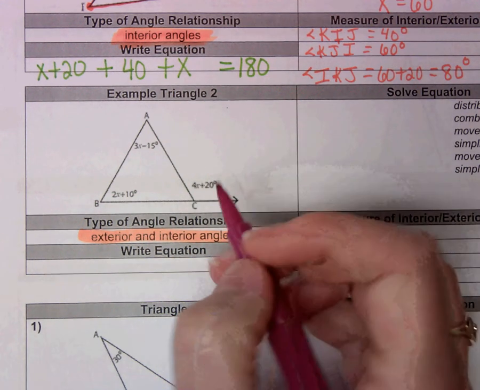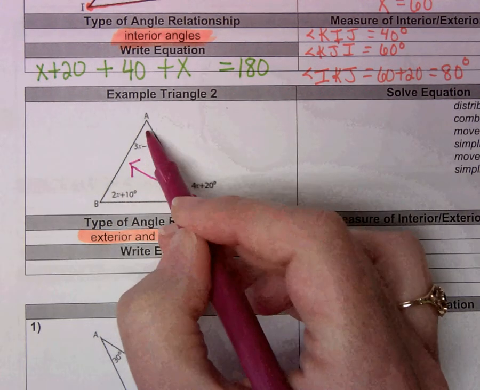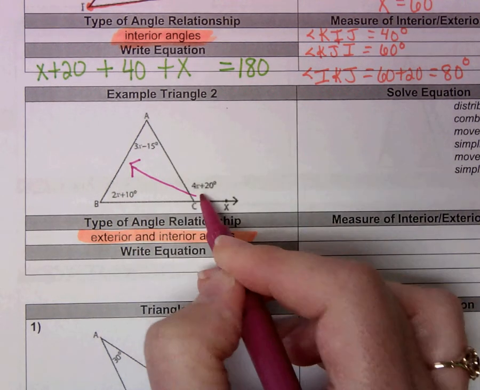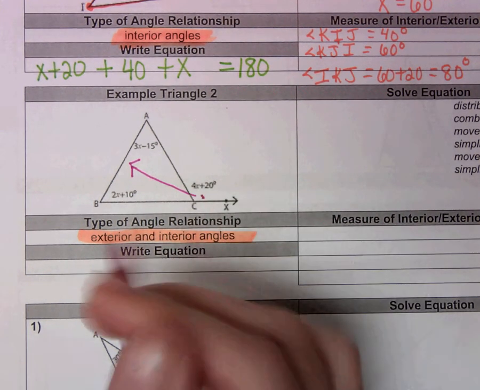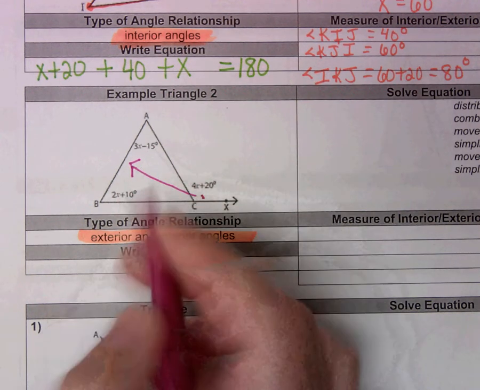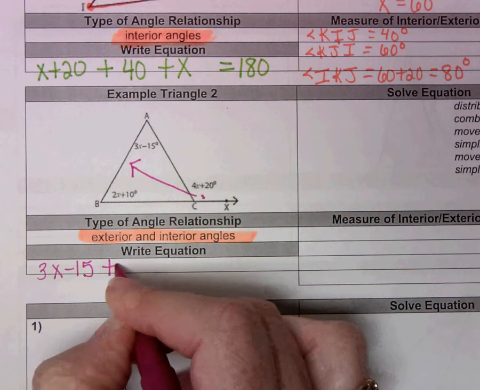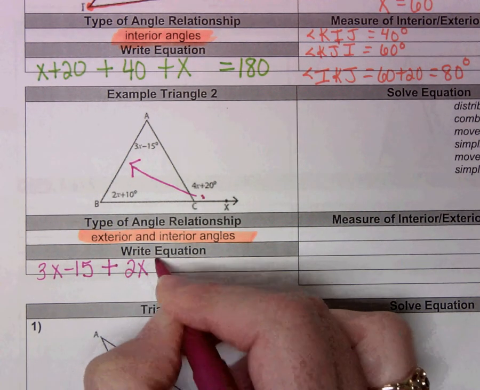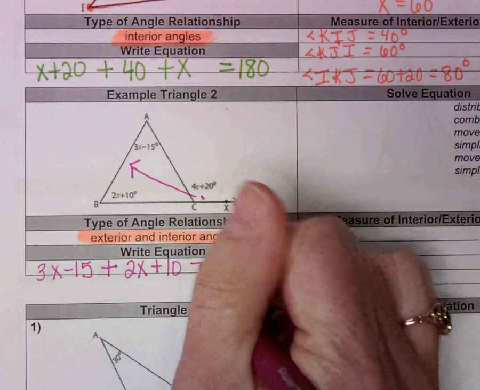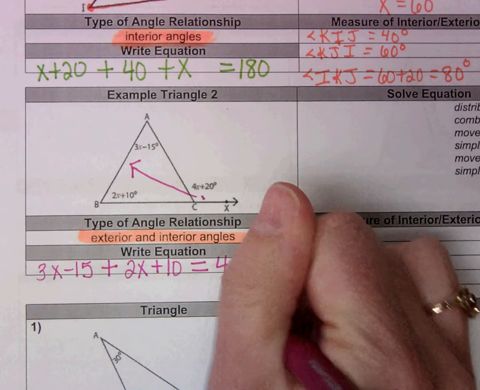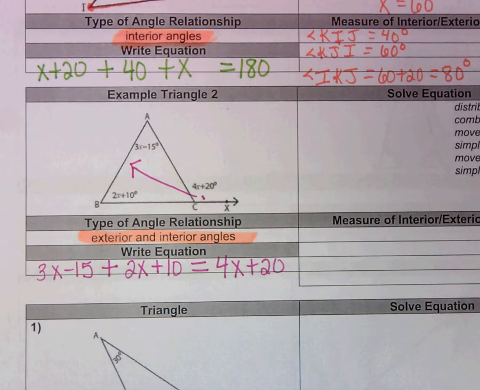And so this is an example where we talked about that the 2 remote angles, these would be remote from our exterior, are equal to the exterior. So we're going to add these 2 up, 3x minus 15 plus 2x plus 10. So the sum of the 2 remote is equal to the exterior, 4x plus 20. So that's what our equation would look like.